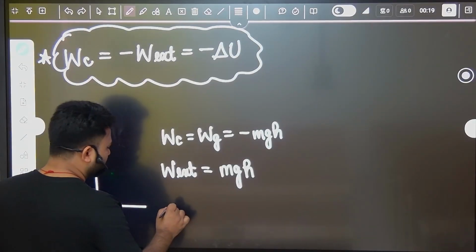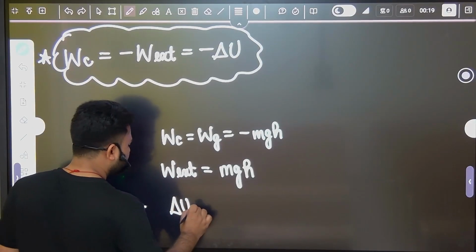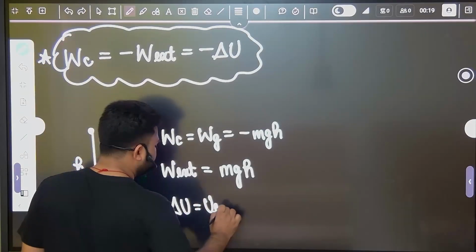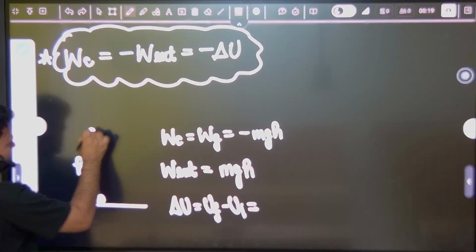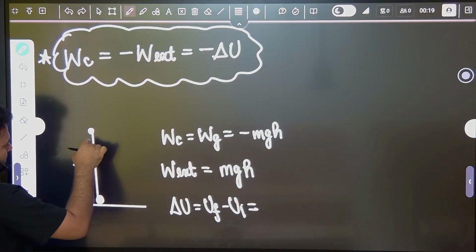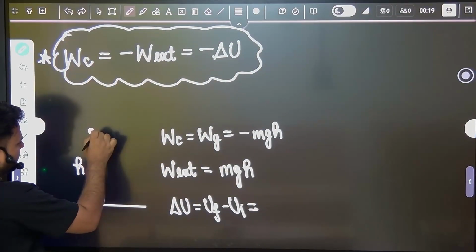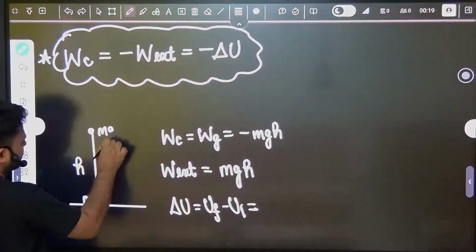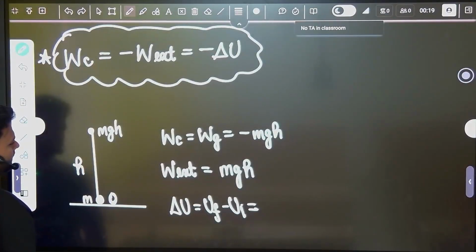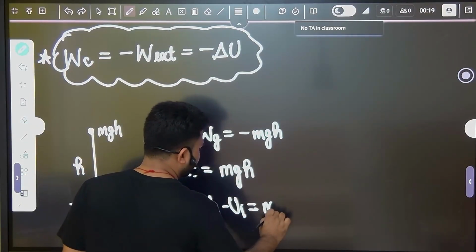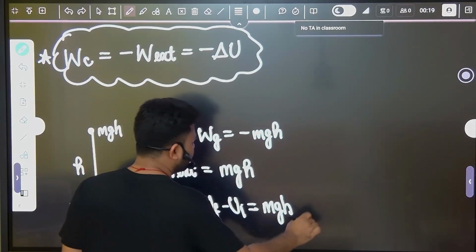Achha, what is the change in potential energy here? Change in potential energy means final potential energy minus initial potential energy. Final potential energy here, when the object reaches this position, is mgh, and initial potential energy was 0. So final potential energy, that is mgh, minus initial potential energy, that is 0.